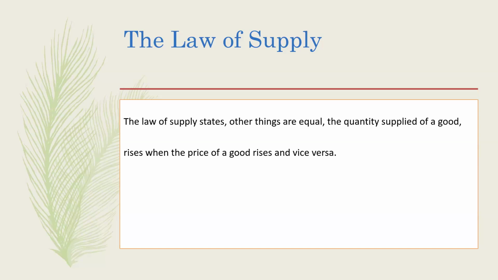So just put that in the front of your head. I don't know why people say put it in the back of your head. Always remember, price and supply have a direct relationship. Price and demand have an indirect relationship, also called an inverse relationship.